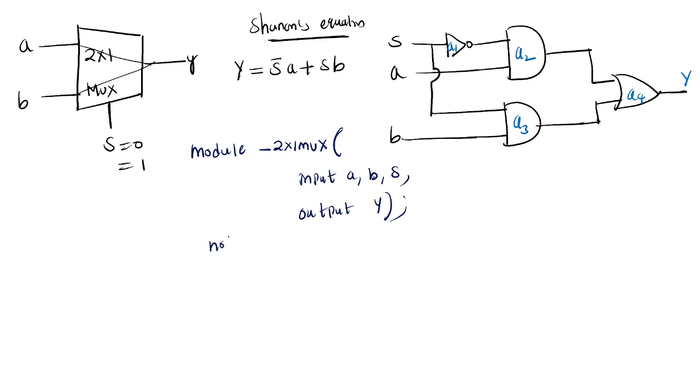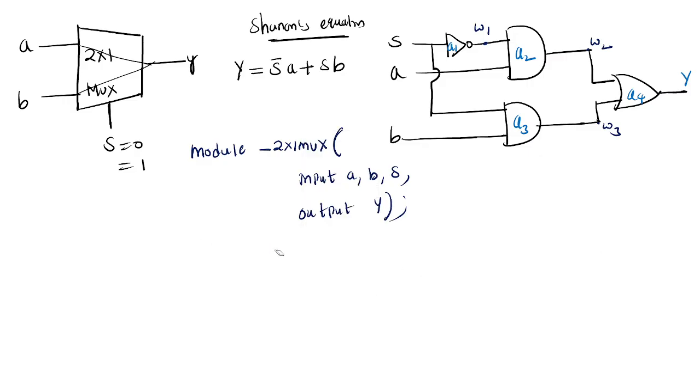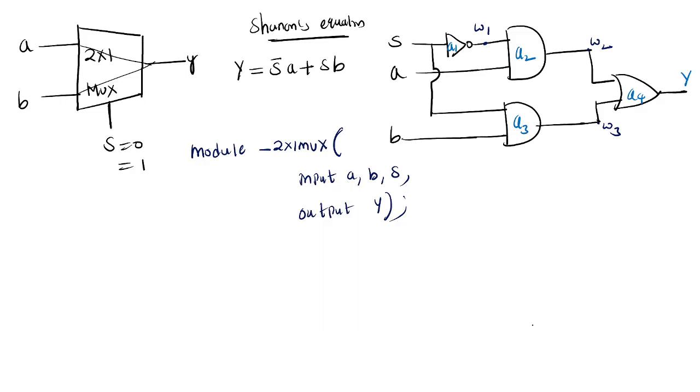Let us take the internal variables W1, W2 and W3. First you need to declare the wires, that is, the internal nets. So I'm writing wire w1, w2, w3.